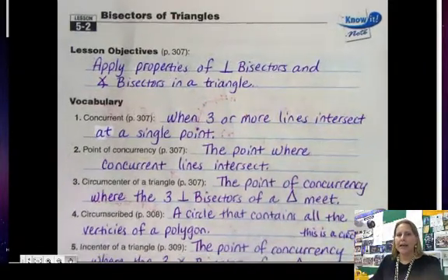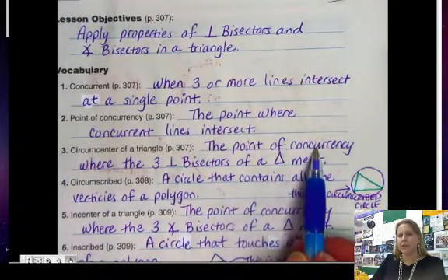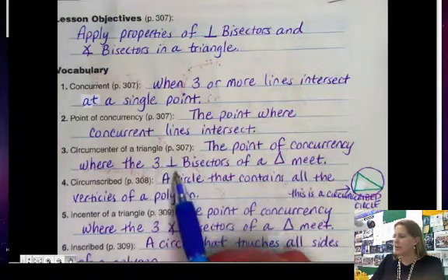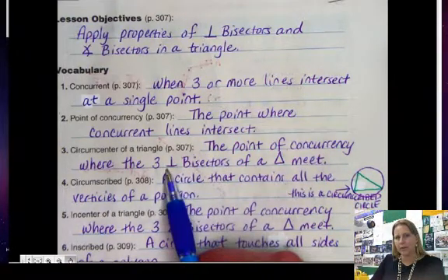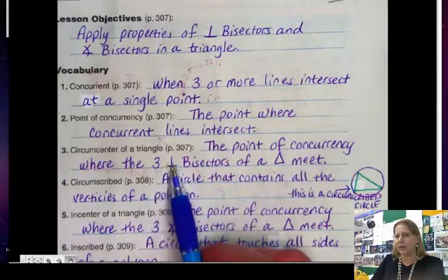Okay? A circumcenter of a triangle is when we have a point of concurrency where the three perpendicular bisectors meet in a triangle. And when we have a point of concurrency of the three perpendicular bisectors, it's kind of cool.